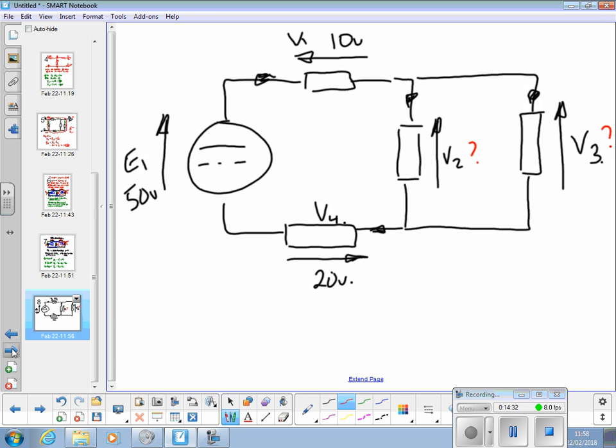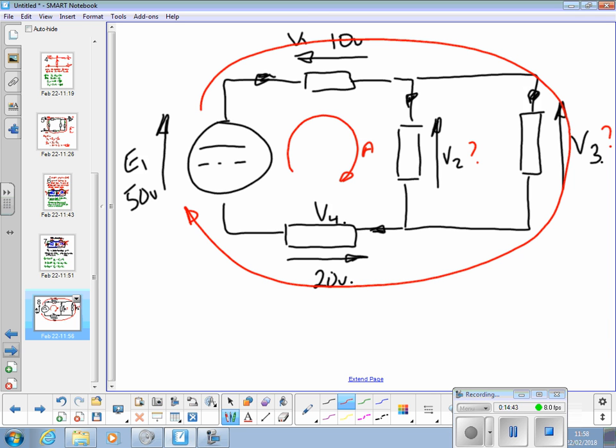What loops have we got? Loops A, B, and C.